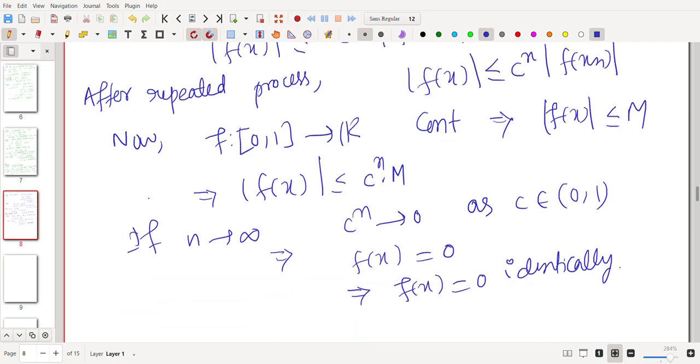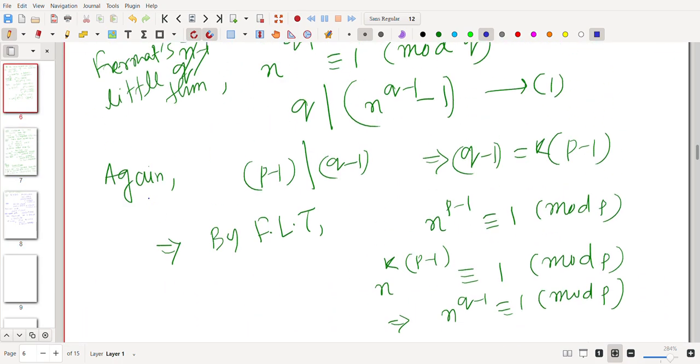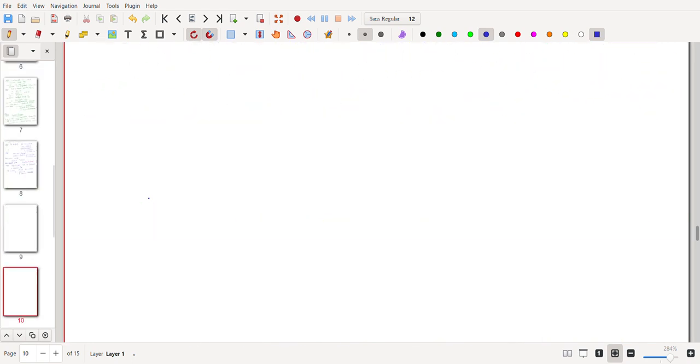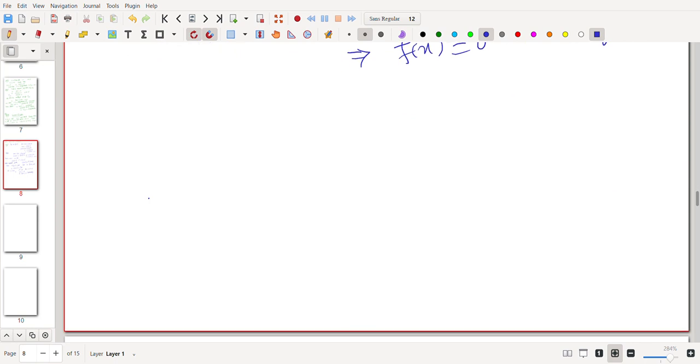It's not a difficult thing. Basic results. All the questions that I have solved already just require some basic results. Nothing more than that. So if you understand theorems and results properly, you see the proof, you can directly solve that.